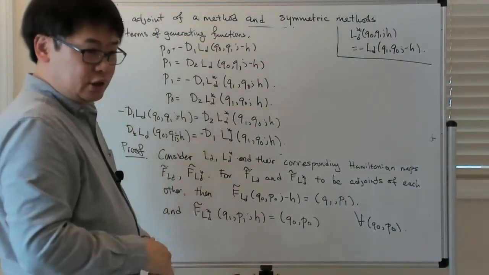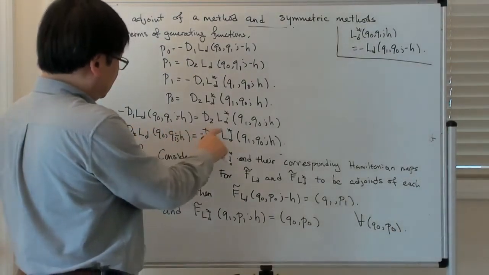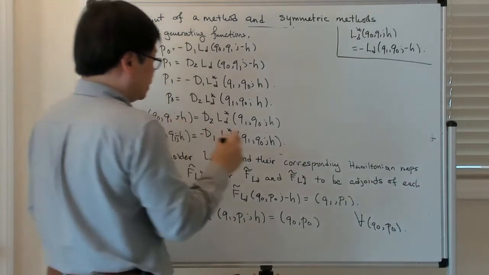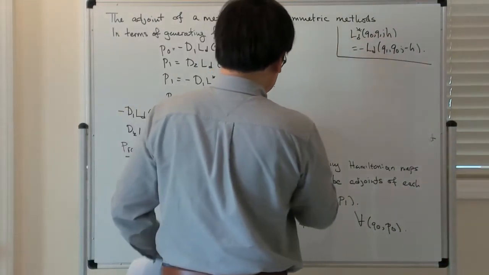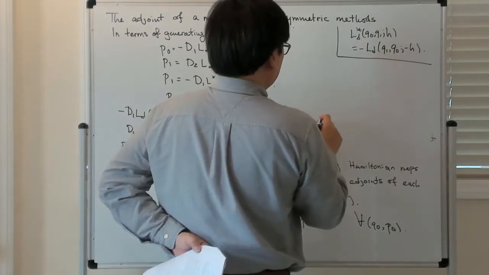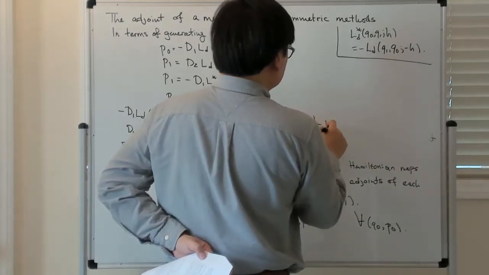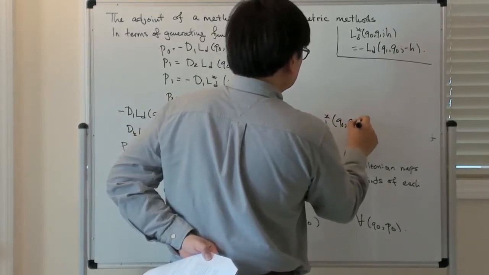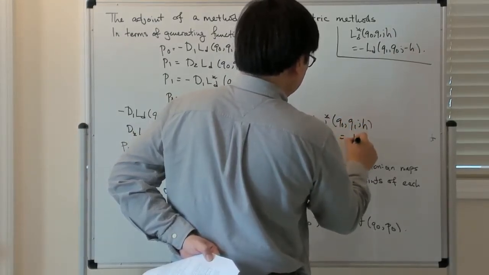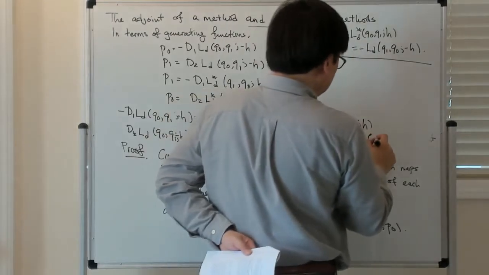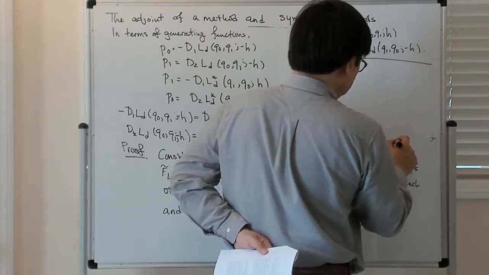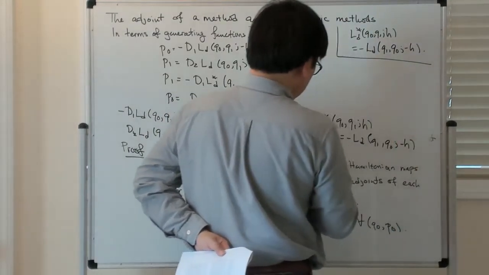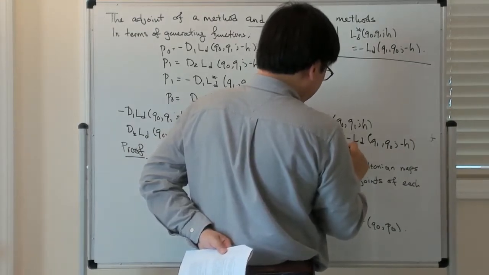And then this condition is more or less saying that, so this implies that basically LD star Q0 Q1 H is equal to minus LD Q1 Q0 minus H, again up to equivalence, if you will.